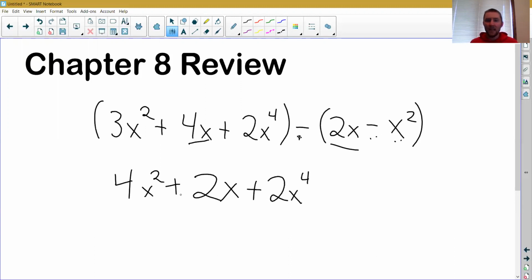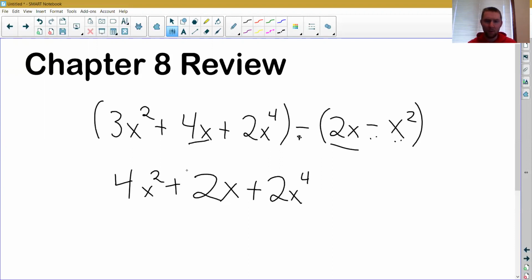Okay, so we can have this answer, but when we talked at the beginning of this chapter about polynomials, we talked about always putting our answers in standard form, which means no like terms that we can combine, and the degree of the terms has to go down from biggest to smallest.